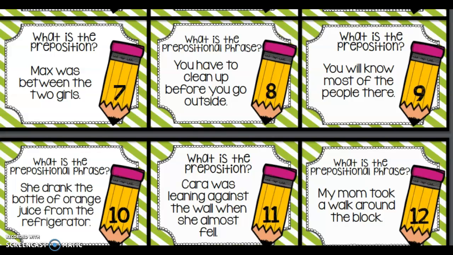When it is a phrase, it's going to begin with the preposition, and then it's going to include all of the words after that. Okay? So when you're looking for the preposition, you're only typing one word. When you're looking for the prepositional phrase, it's going to be more than one word. That's what creates a phrase.